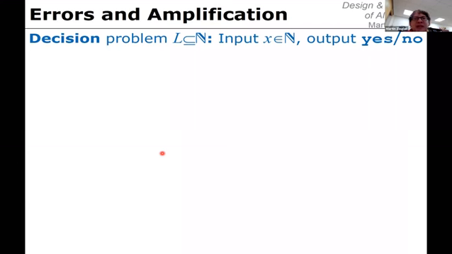As you probably recall from discrete mathematics, when we talk about decision problems, there are two kinds of errors, false positives and false negatives. Let us formalize a decision problem for simplicity as a decision problem about natural numbers. The input will be a natural number, call it x, and the output should be yes or no, depending on whether x belongs to a certain fixed set L of natural numbers.